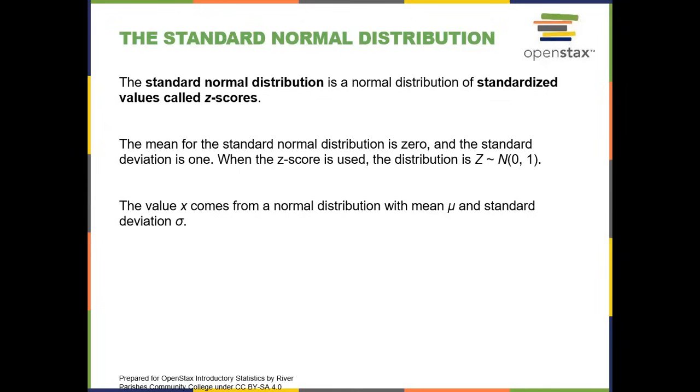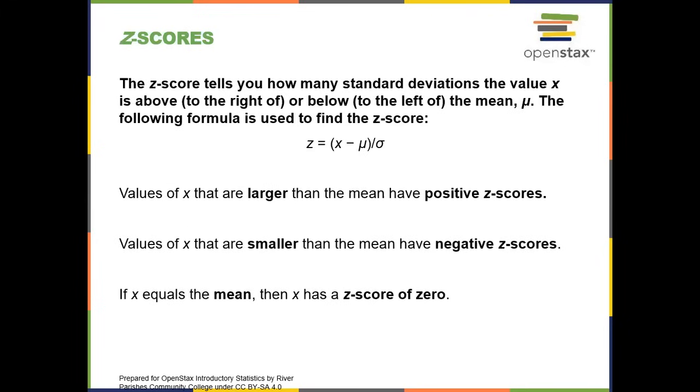The value x comes from a normal distribution with mean mu and standard deviation sigma. The z-score tells us how many standard deviations the value x is above, to the right of, or below, to the left of the mean mu. The following formula is used to find the z-score.